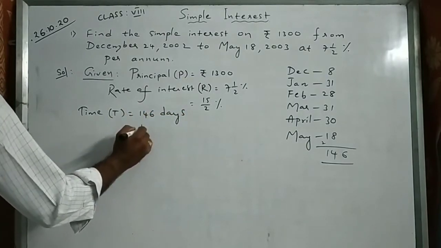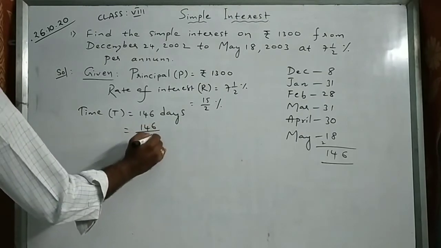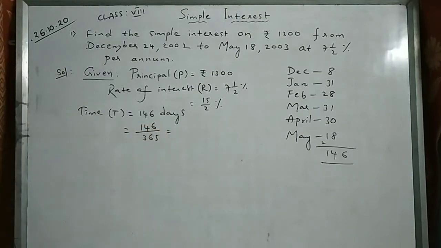This should be changed into years, right? 1 year equal to how many days? 365. So by 365 you should do. Okay, 146 by 365.